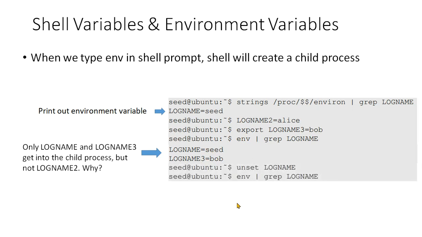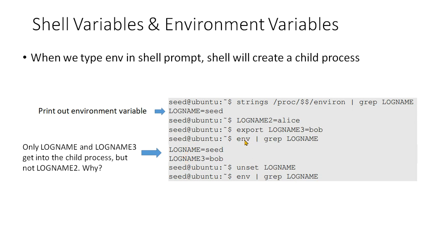So now, next, if we unset log name, that means we remove this. So when we run env grep log name again, what do we see? I have to remind you that all these 2 things that we see here are shell variables. They are not environment variables.